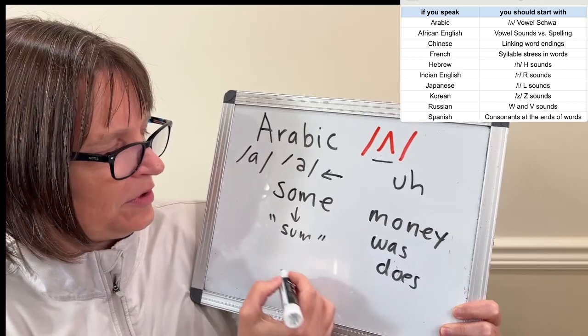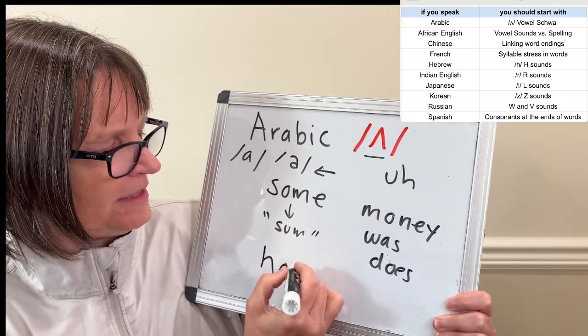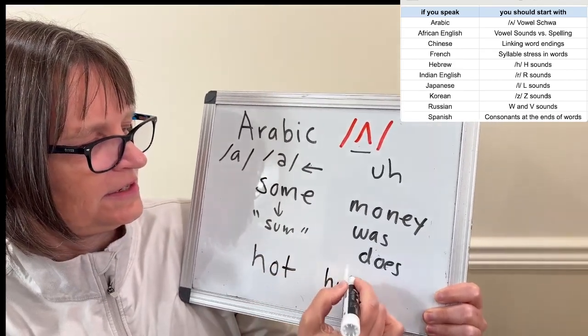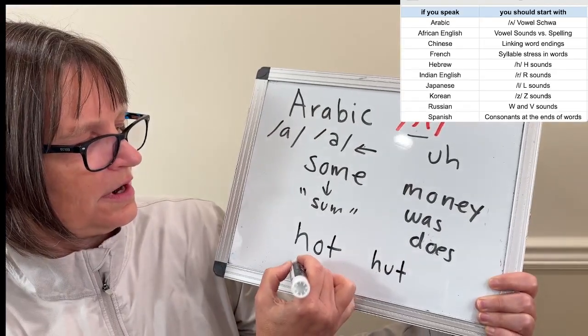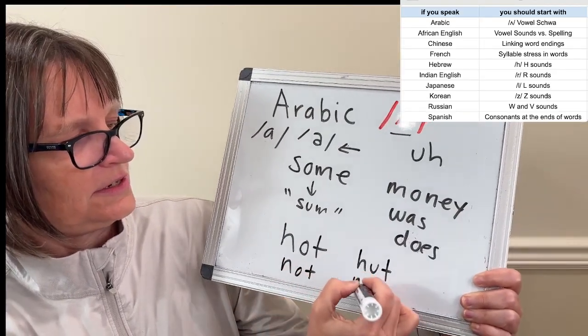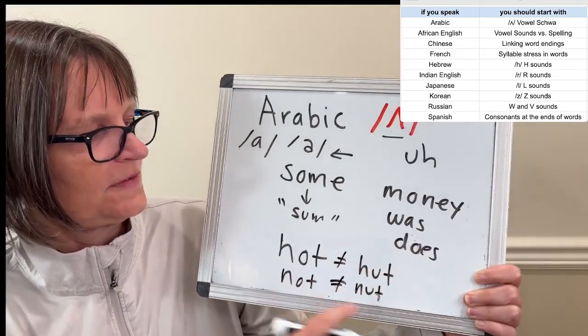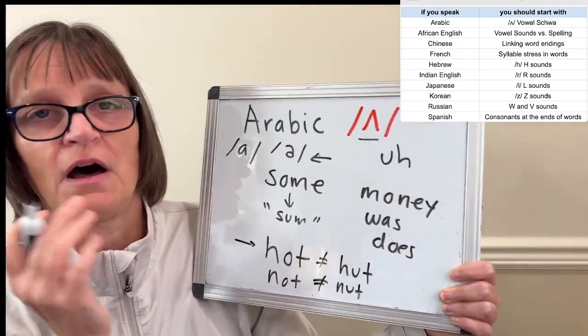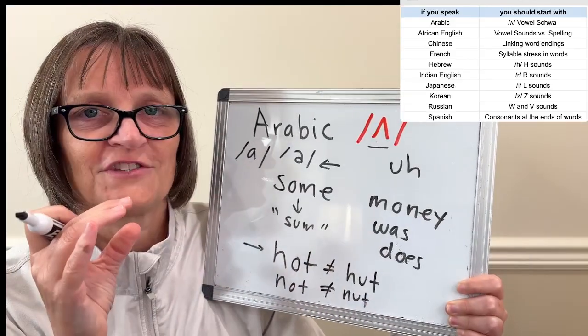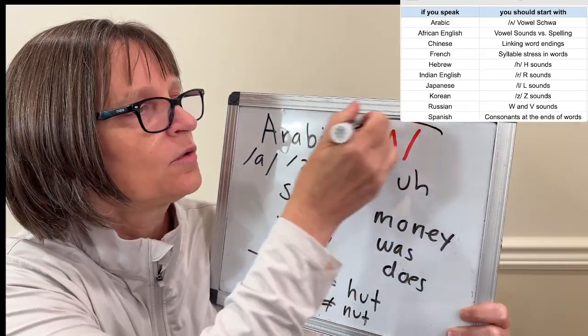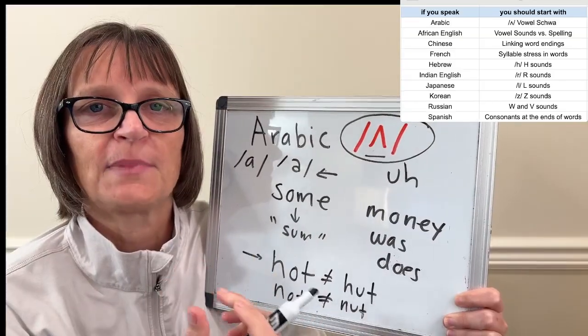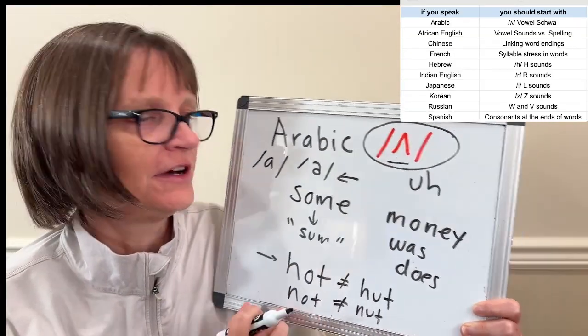So for example, the difference between hot and hut, or not and nut, these are not the same. And you have a tendency to use more of an open sound rather than the central sound. So learning what words have the schwa sound, how it's spelled, and contrasts between the two sounds are key.